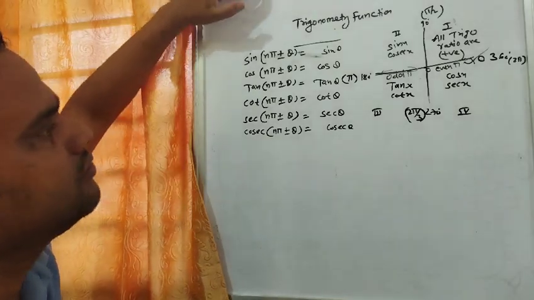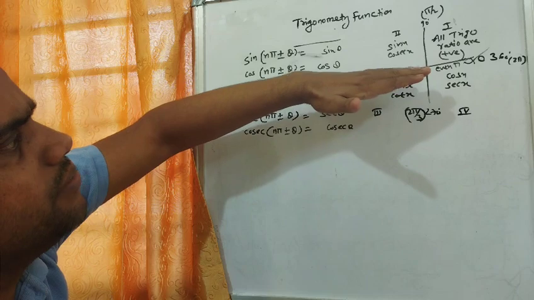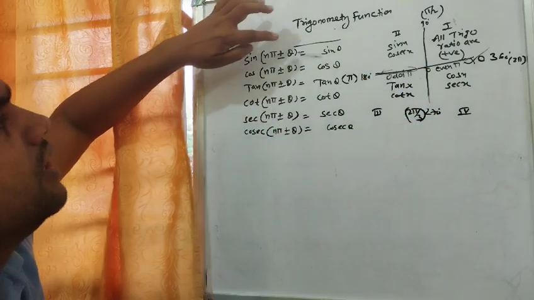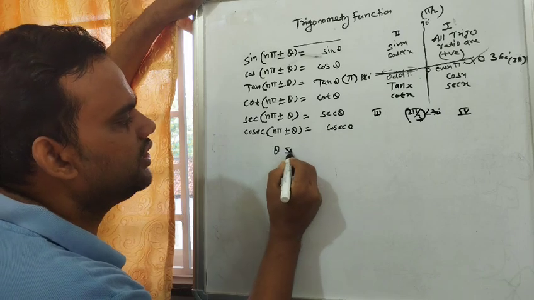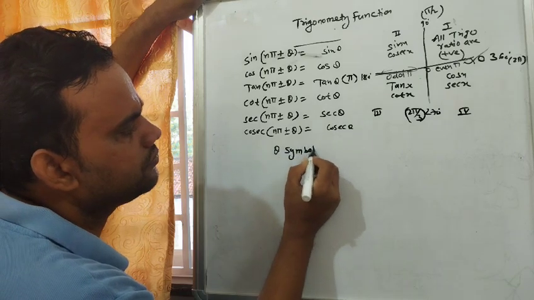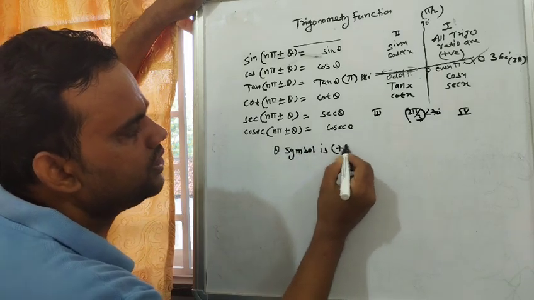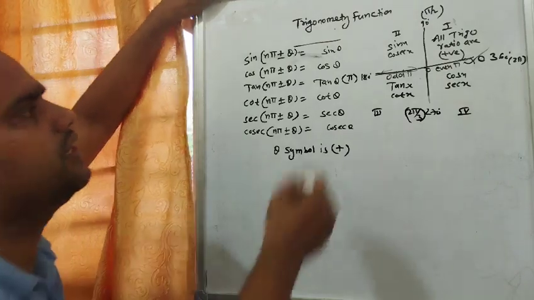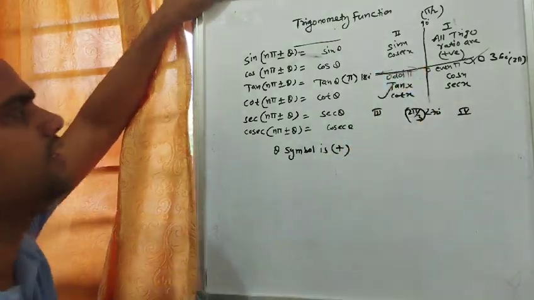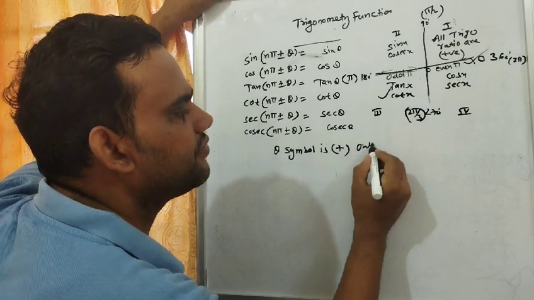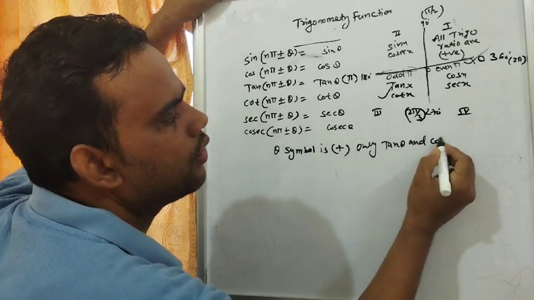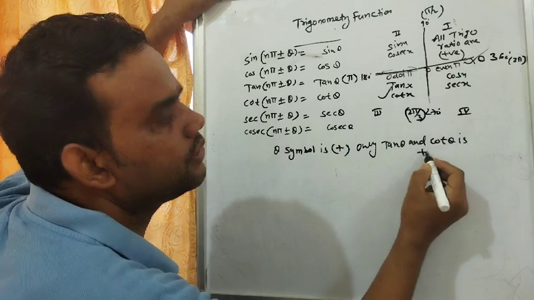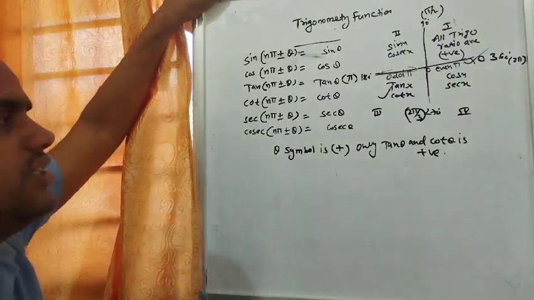But if you come plus, here plus means they will come to the third quadrant. So if the symbol before theta is plus, positive, they will come to the third quadrant. So only tan theta and cot theta are positive.